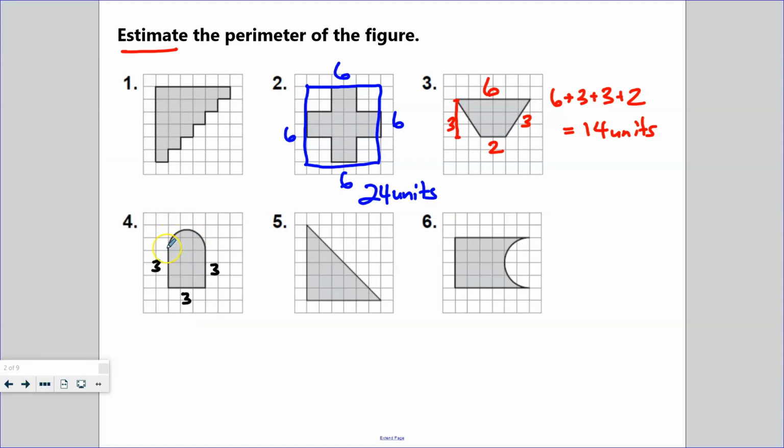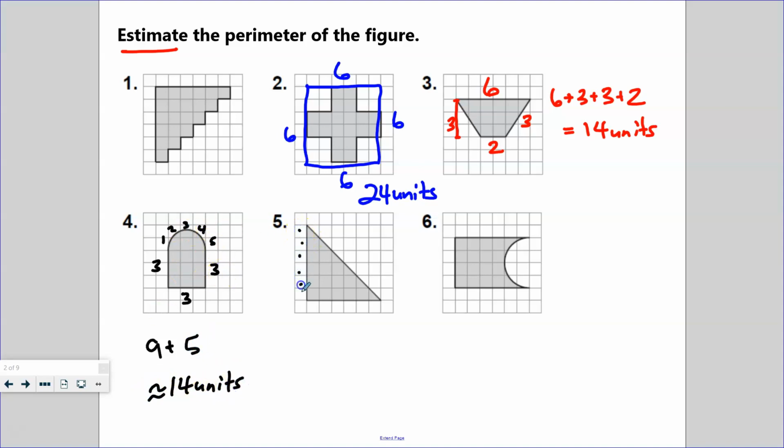Okay, well, this takes up about 1, right? So that's 1, and then this one might take up around 2, 3, 4, 5, right? So we had 9. Where did 9 come from? 3 plus 3 plus 3 plus 5. And so we say approximately 14 units around the shape, right?